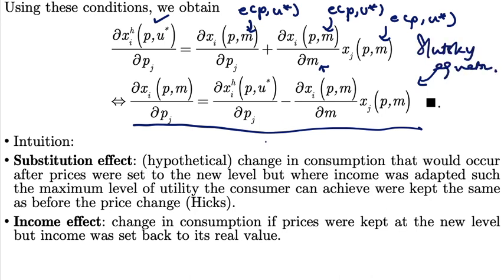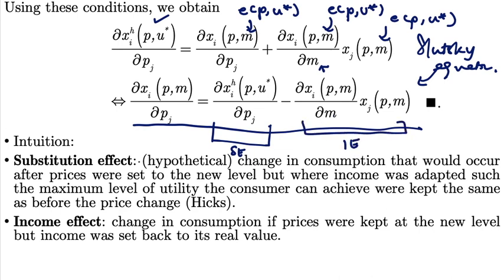Now, in the Slutsky equation, you can see clearly the first bit here is the substitution effect. If there is a change in the price of J, what happens to the Hicksian demand of good I? So that's the substitution effect. The income effect is this one.